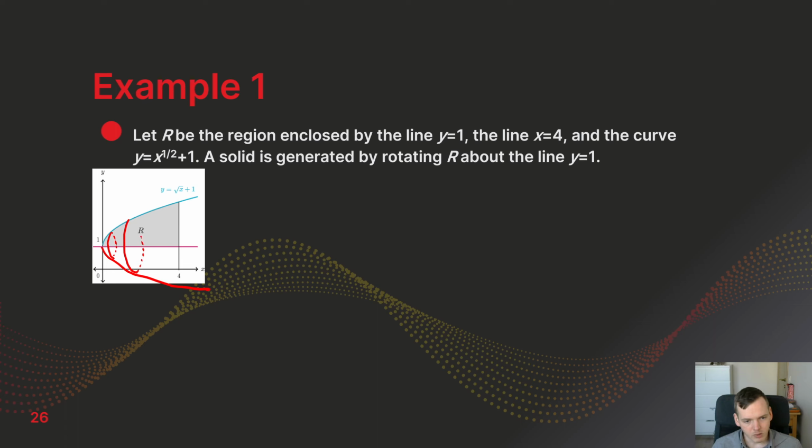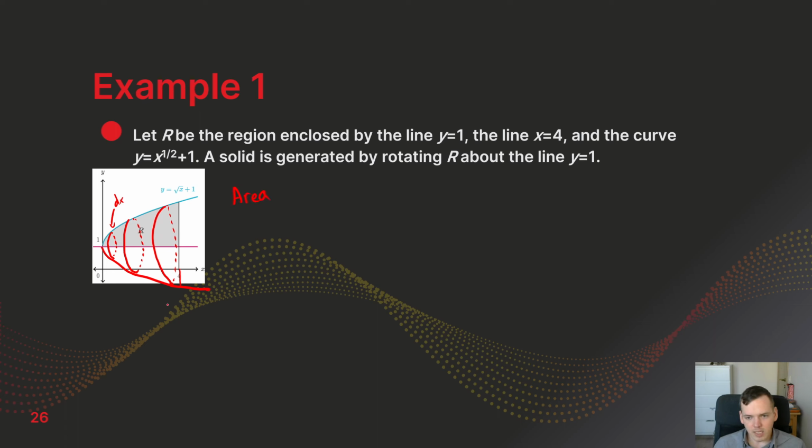Notice this isn't rotating around the x-axis anymore. Now it's rotating around the line y equals 1. But that's okay. From that sketch and thinking about it, we know that we're going to want to slice it perpendicular to the x-axis, so we're going to have slices of dx.